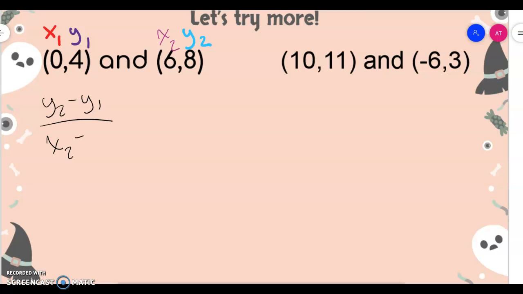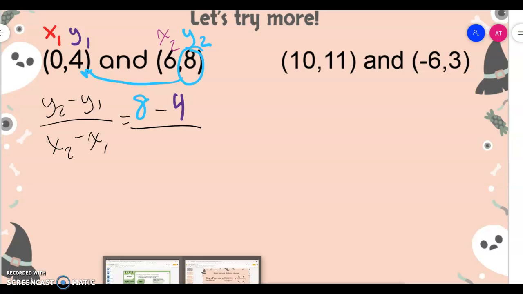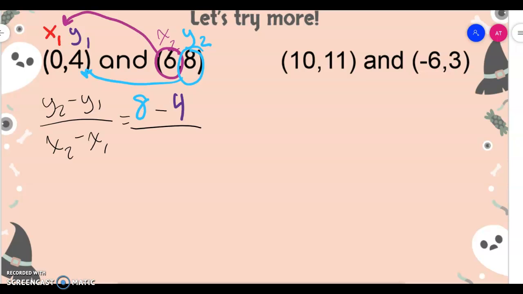So I have y2 minus y1 over x2 minus x1. So again, I'm going to take my 8 and subtract it from my 4. Then underneath, what's going to be under it? 6 minus 0. Okay.